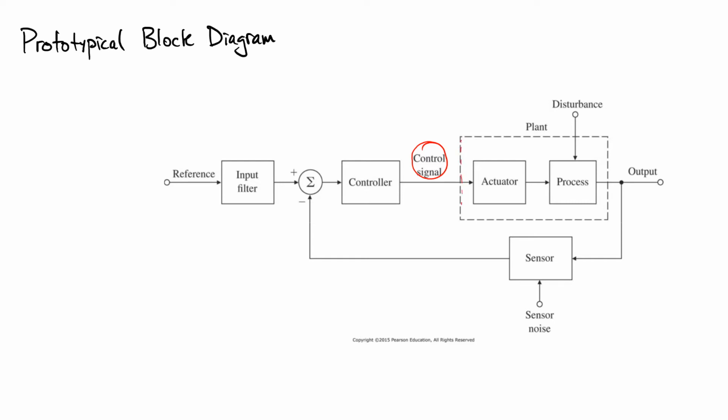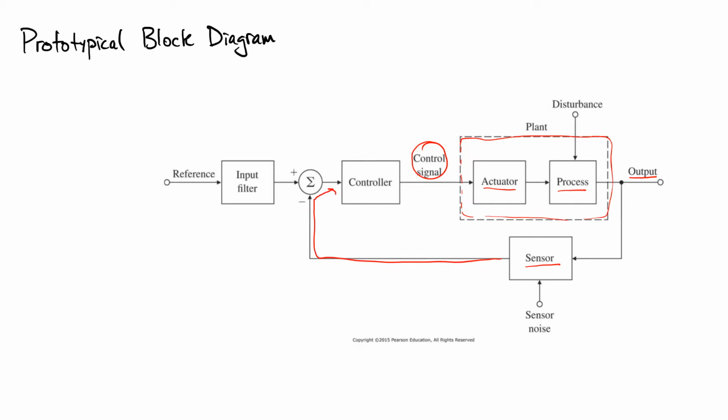Our system is indicated by this dashed line, and our system is the combination of actuators and some sort of process dynamics. It produces the output that we get to see, and the output is sampled by this sensor, and that sensor sends information back to the controller.